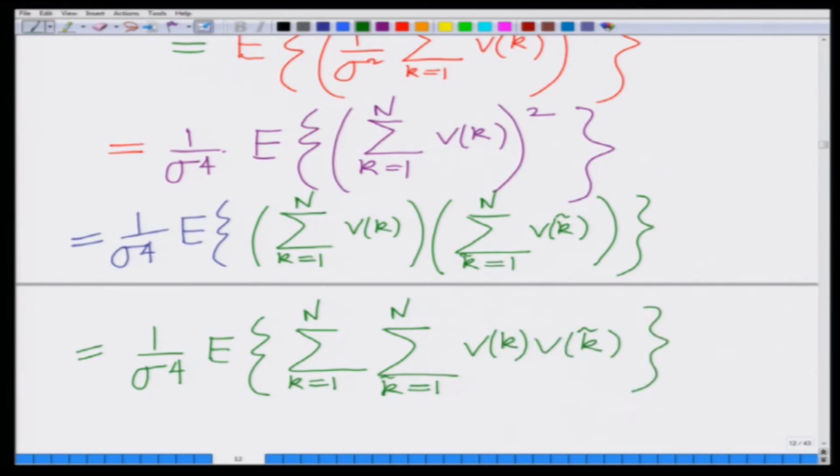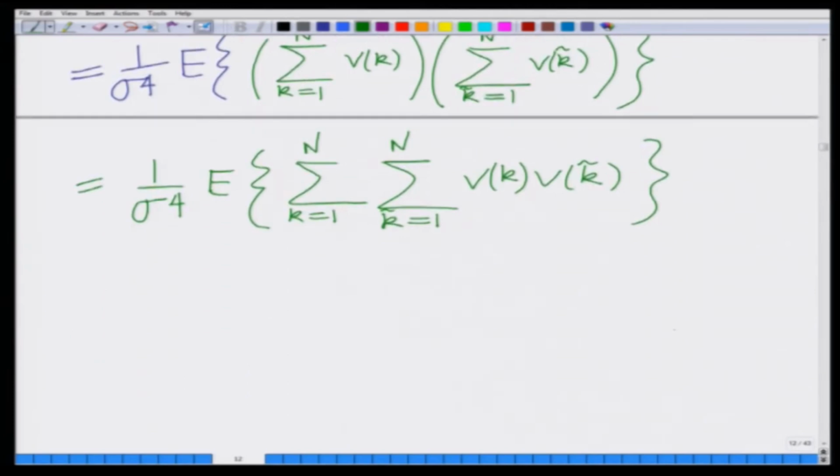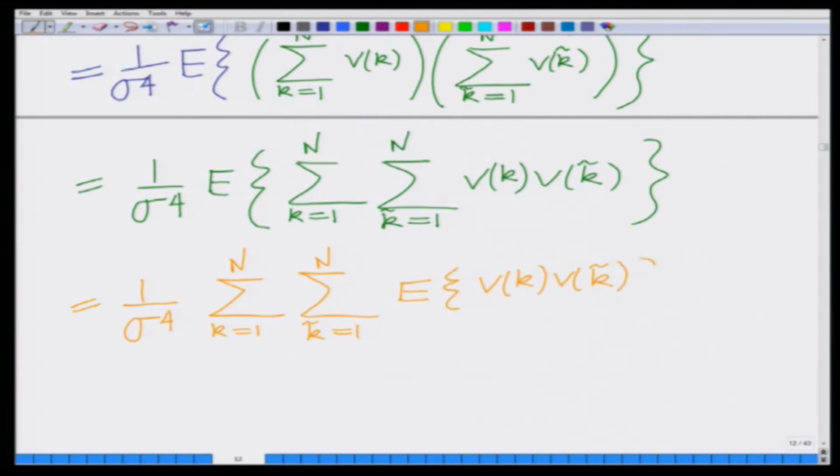And now, since the expectation operator is linear, I can move the expectation operator inside, and what I have is basically 1 over sigma raised to the power of 4 summation k equals 1 to n summation k tilde equals 1 to n expected value of v k v k tilde. And this is something that we have seen several times before, that is expected value of v k v k tilde.